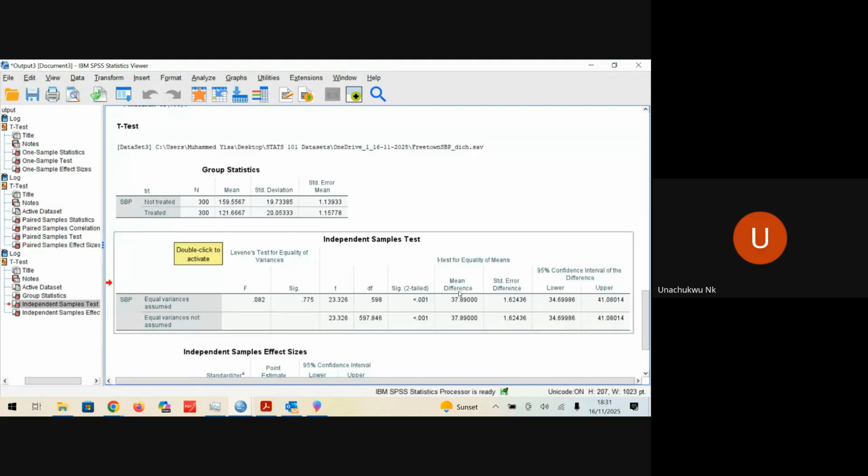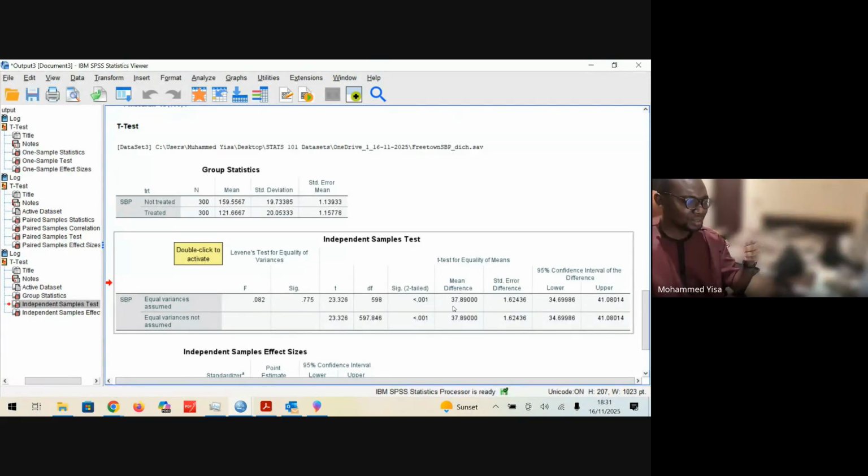So it's saying that on average, the intervention, whatever it is, led to a 37.89 difference in systolic blood pressure between the two groups.